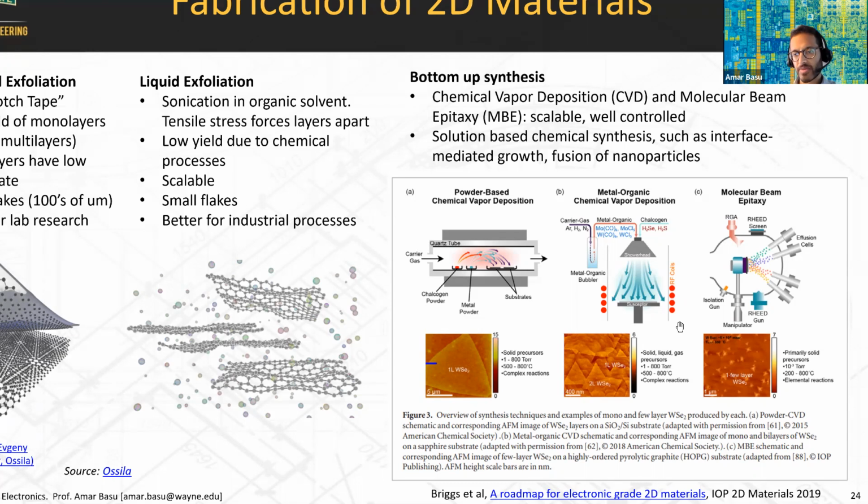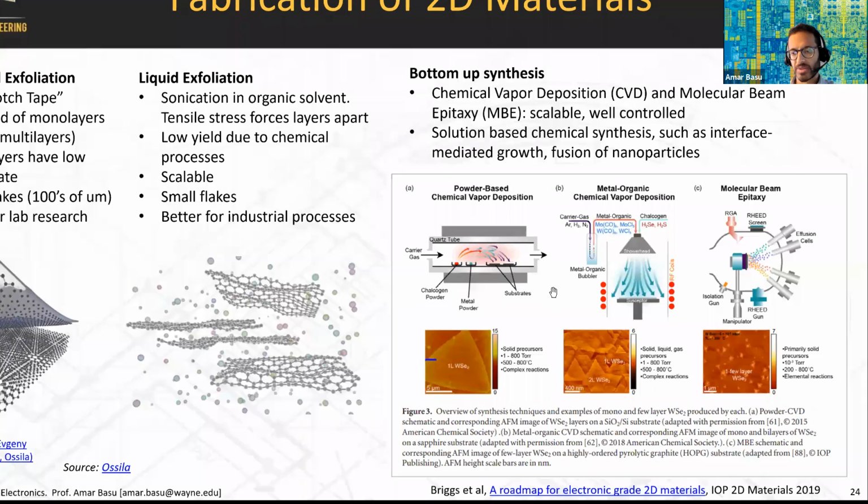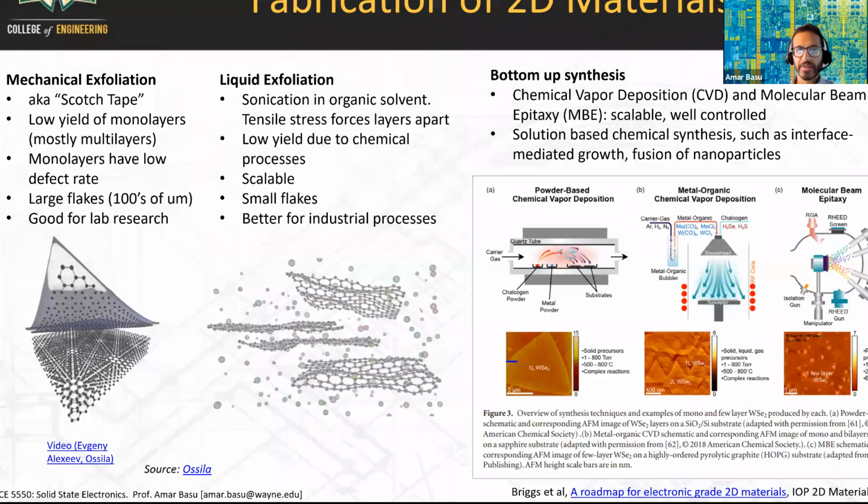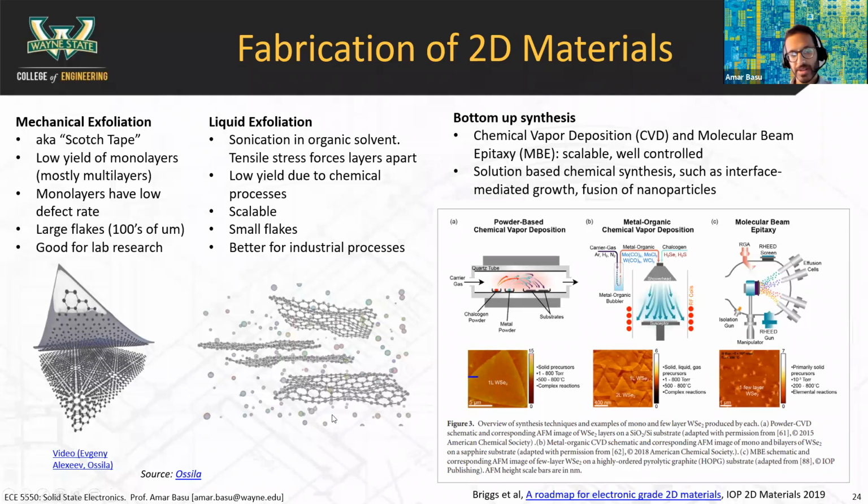So this allows you to form very well-controlled layers. This is scalable and well-controlled, but it requires these more expensive instruments. Then there are other solution-based chemical synthesis methods as well, which we won't go into right now. If this is an area that you're interested in for your course project, I'd recommend that you start by reading this review paper that was published in 2019.